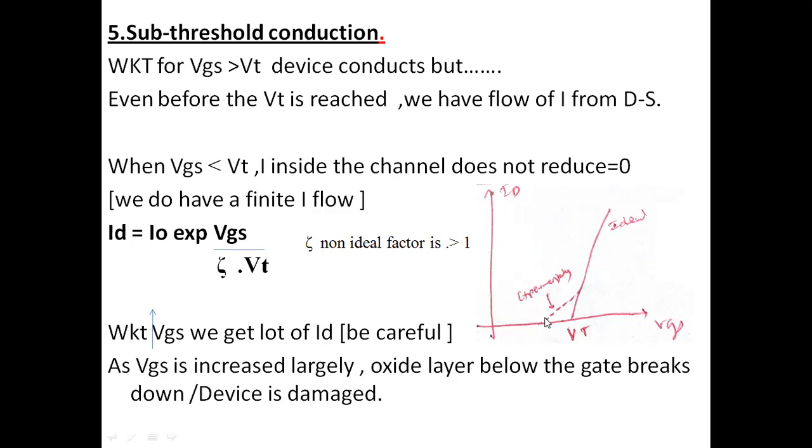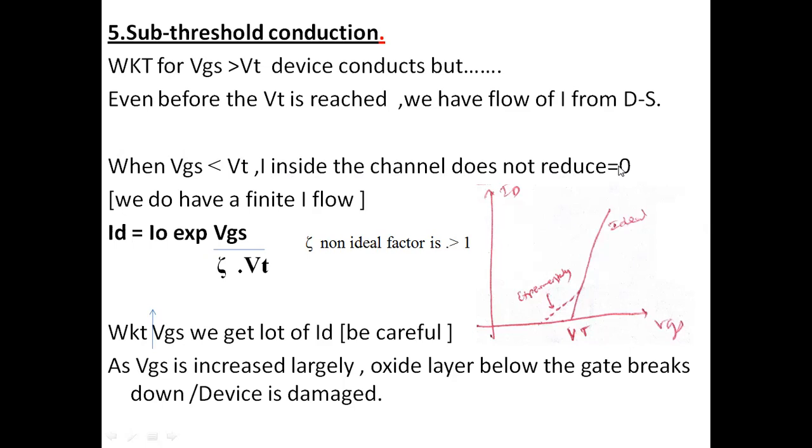We have this small flow of current even though the threshold voltage has not been reached. When VGS is less than VT, the current inside the channel does not reduce to zero.